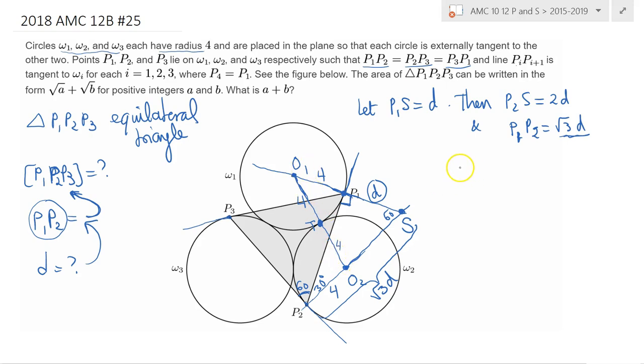We will do it with respect to this angle, which is 60 degrees. So we would get 8 squared equals 4 plus D squared, plus, this is O1S. O2S would be, the whole thing is root 3 D, so therefore O2S would be root 3 D minus 4.